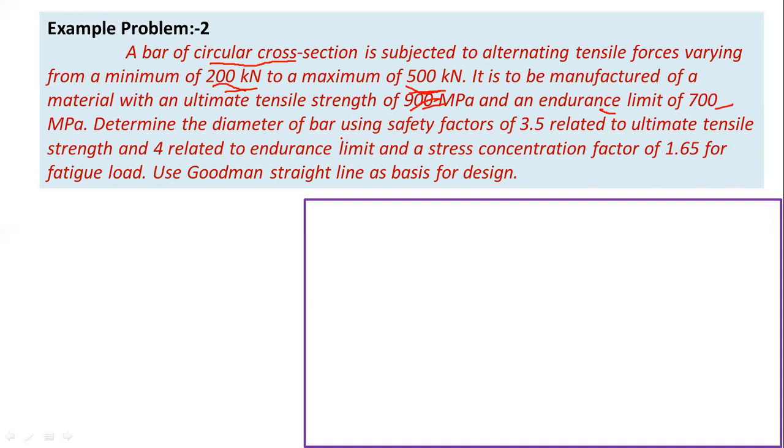Determine the suitable diameter of the bar using safety factors 3.5 related to ultimate tensile strength and 4 related to endurance limit. A stress concentration factor of 1.65 for fatigue load. Use Goodman straight line as basis for design. So in this problem, you have to consider Goodman's method. These are the given values.